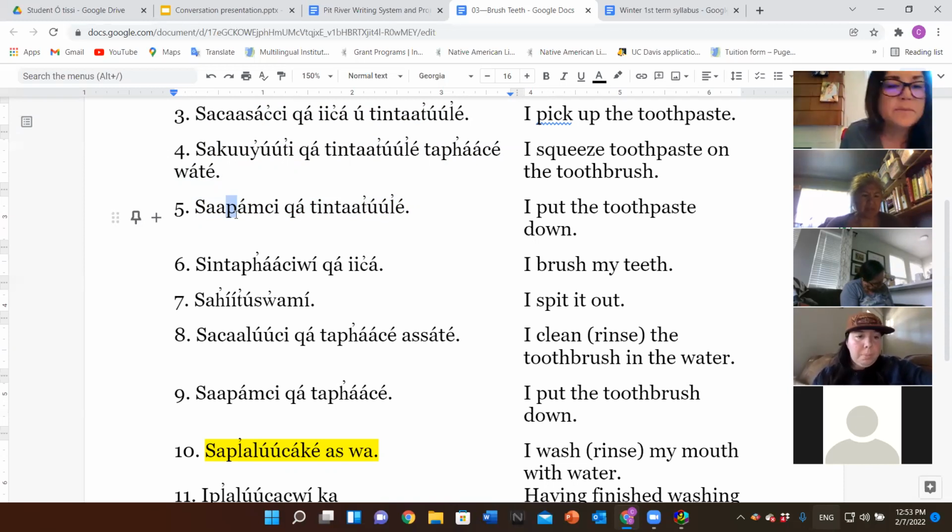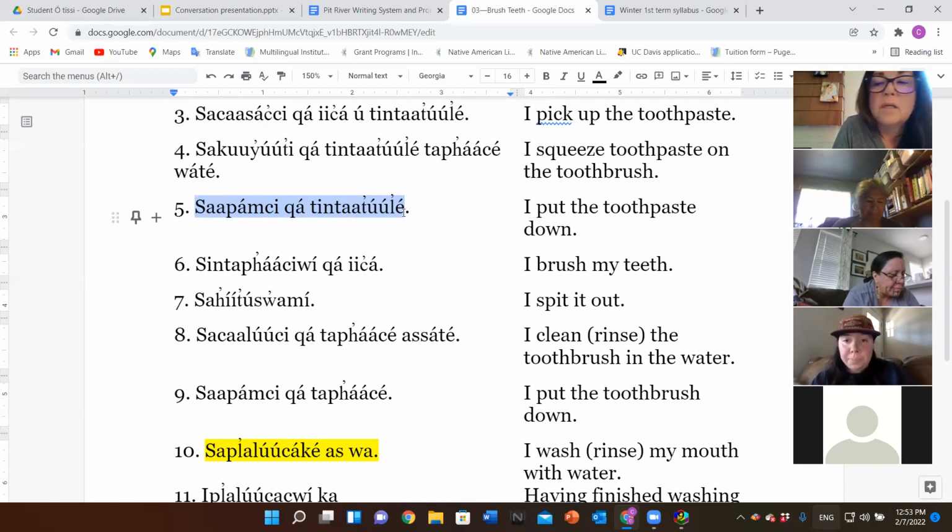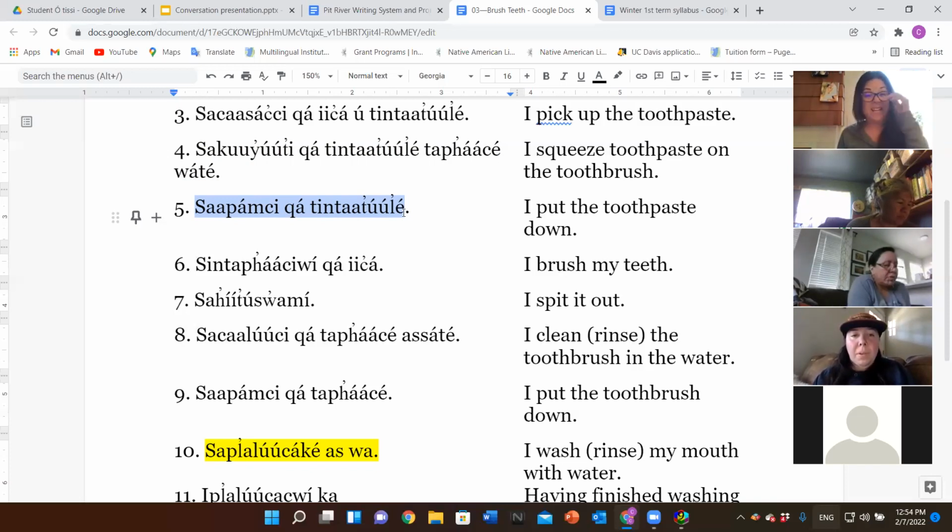Tosi. All right. Tus I. Sa pamji gatinta tule. Sa pamji ga dinda tule. Tusi. That was Kenwa. Way easier than the last. Sa pamji gatinta tule. Sa pamji gadinja tule.